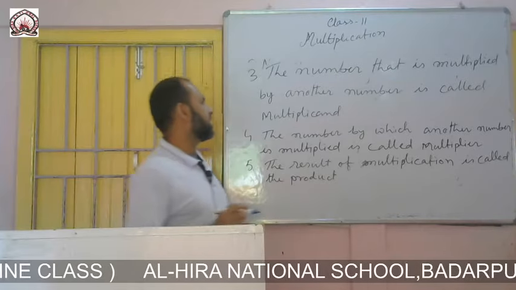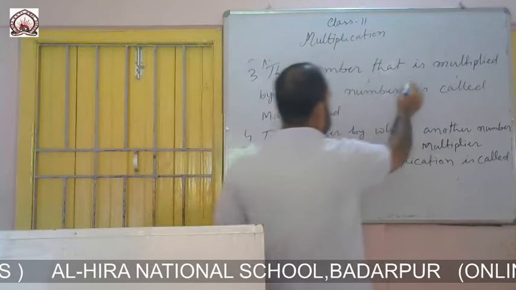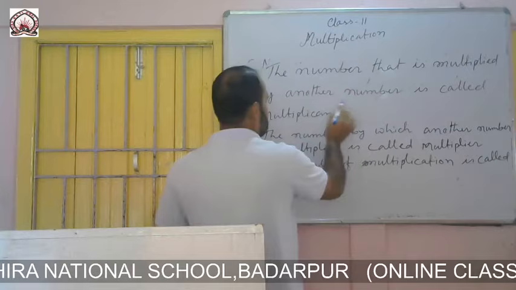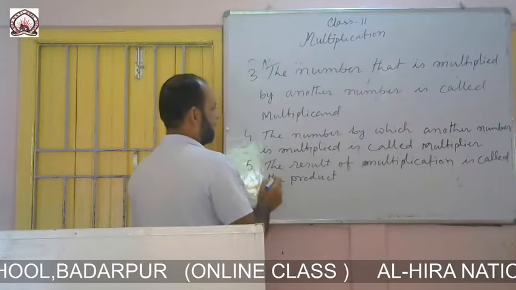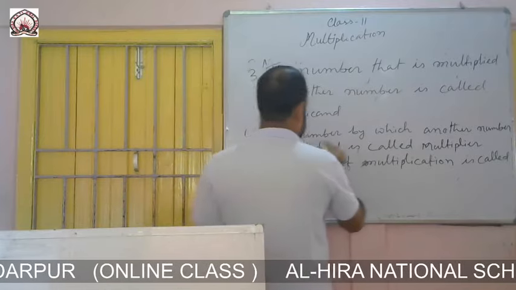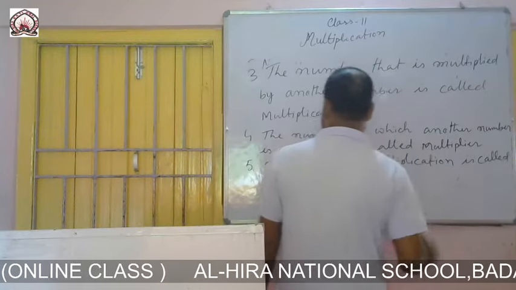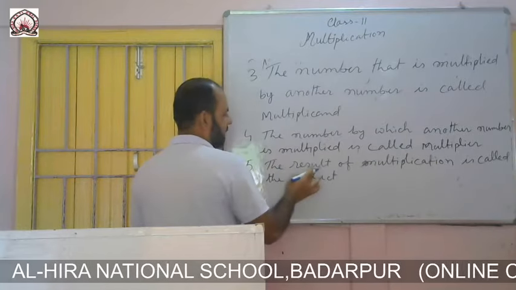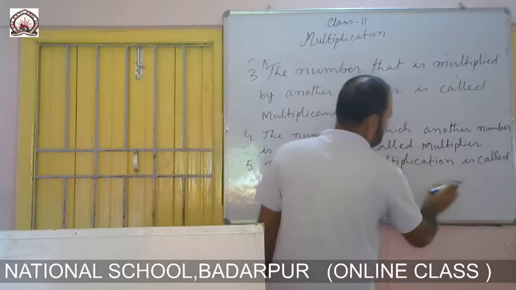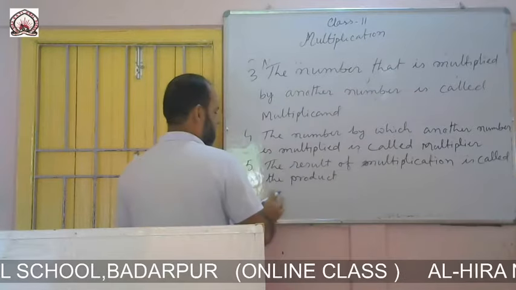Here we get 3 things. The number that is multiplied by another number is called multiplicand. The number by which another number is multiplied is called multiplier, and the result of multiplication is called the product.